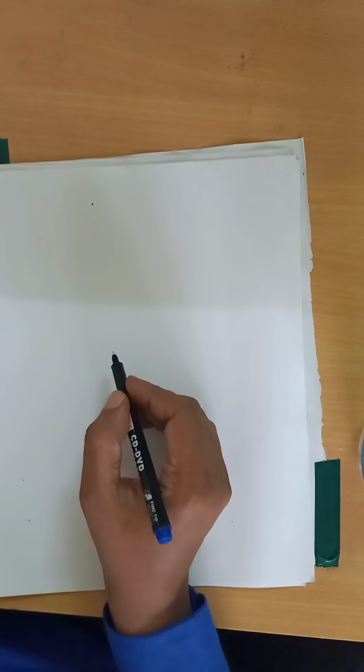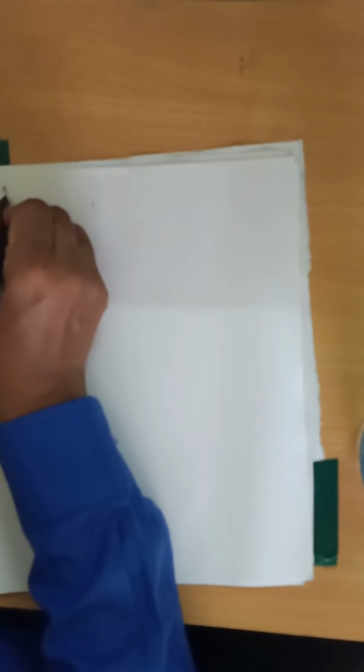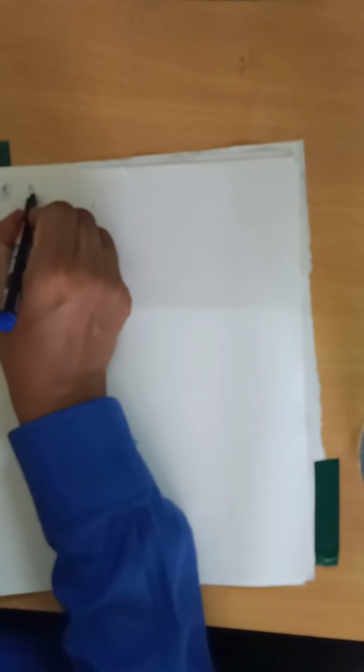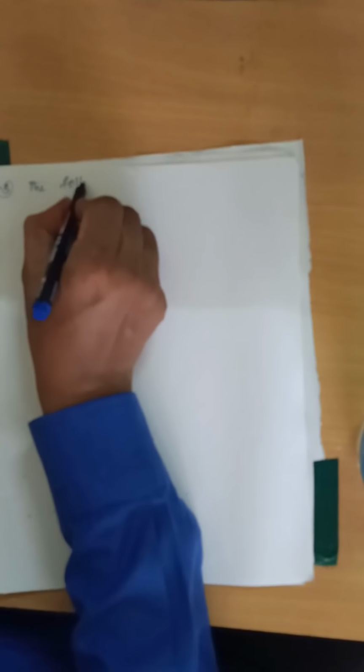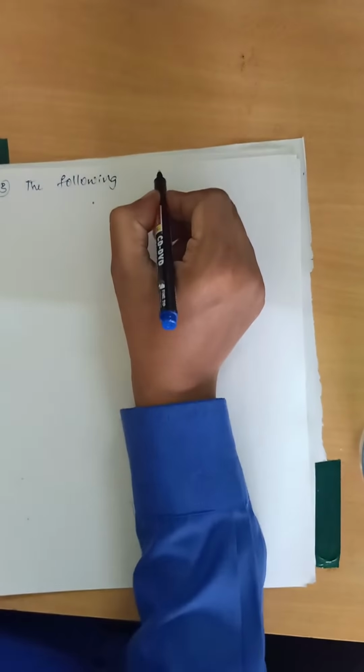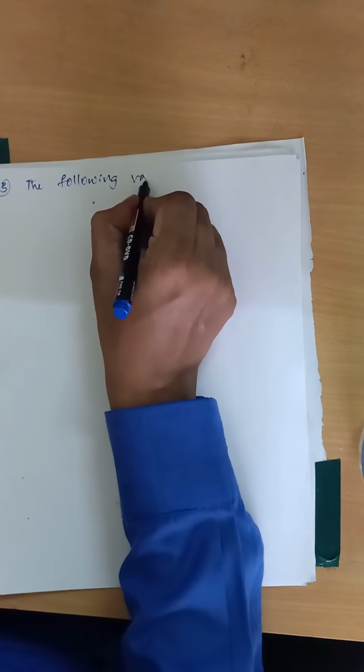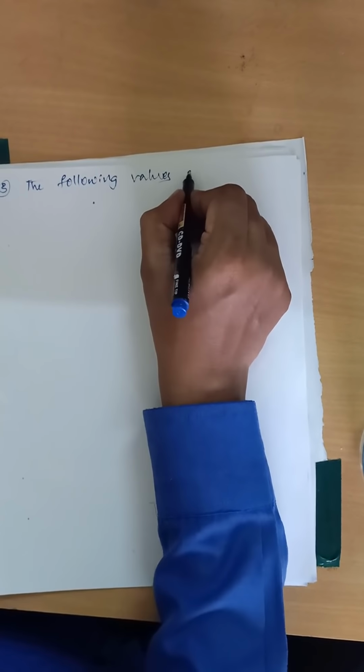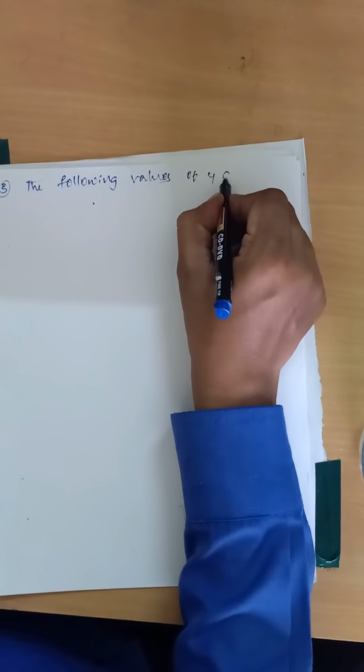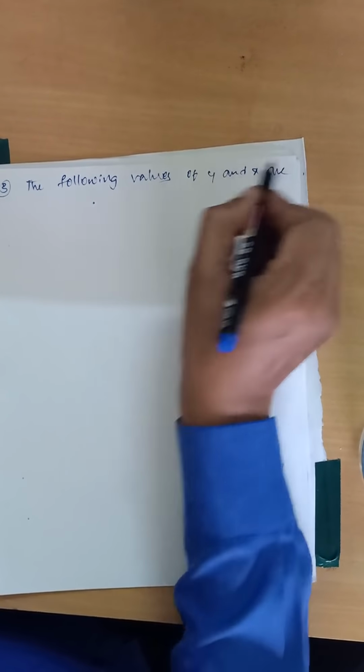Obtain the Fourier series of y up to second harmonics. The following values of y and x are given.